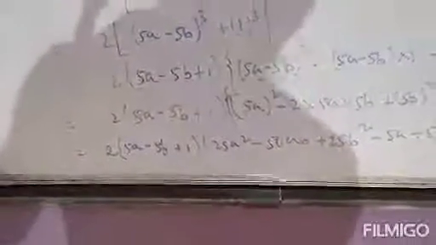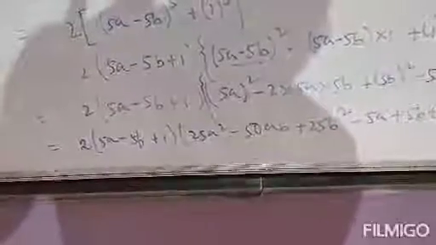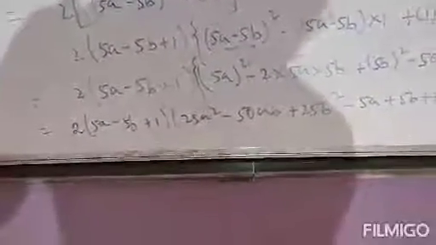This is the final answer of your question 12.1. So final answer is 2, 5a minus 5b plus 1, and 25a square minus 50ab plus 25b square minus 5a plus 5b plus 1. This is the final answer. Clear? So question number 12.1 solved.